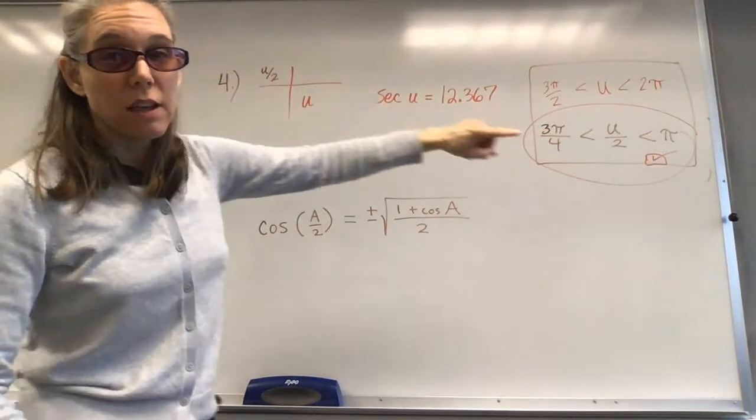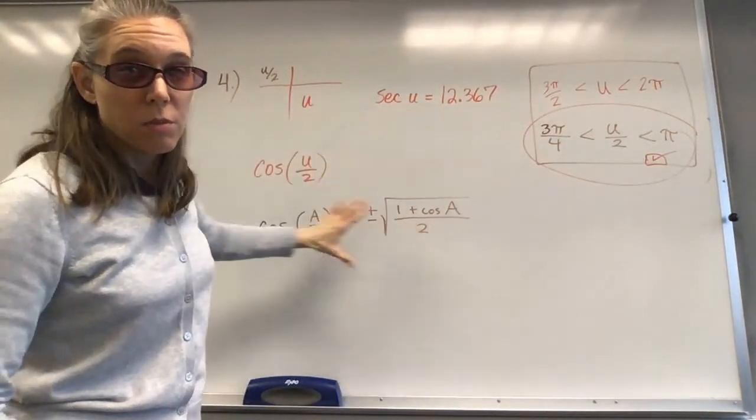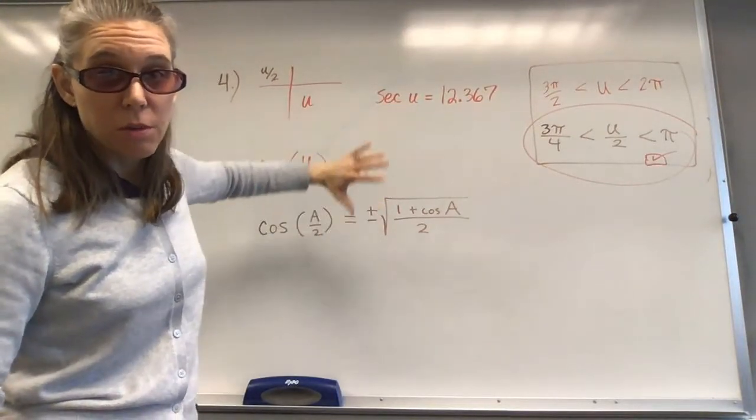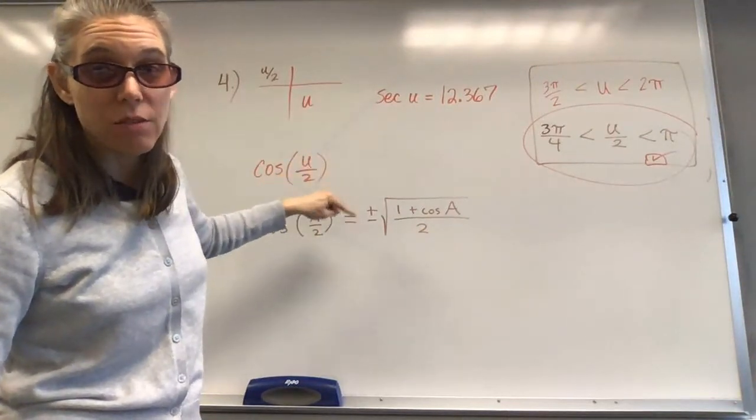Because we are in the 2nd quadrant, make sure you include that, we can conclude then that using this formula, we are only going to use the negative value. So we're going to rewrite this formula just for u using the negative value.